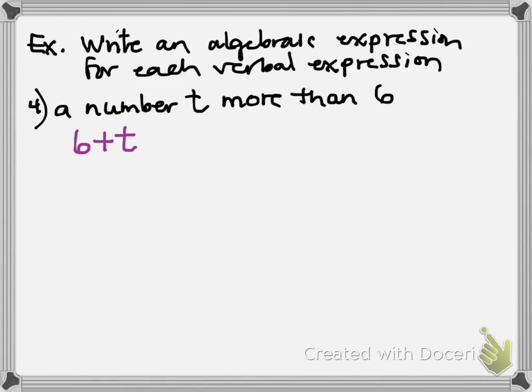Okay, so that's what we have to watch out for. Now, there is a property that says 6 plus t and t plus 6 are exactly the same, and that's fine. However, if it was a subtraction problem and you didn't switch the order with the "than," you would have the answer wrong. So if we just get in the habit, every time we see the "more than," we switch the order, I think we're going to be better off. Does that make sense? Okay, so let's try one more.